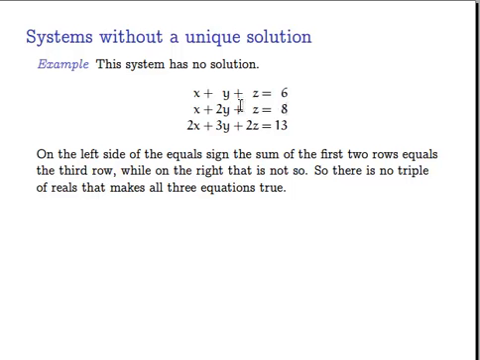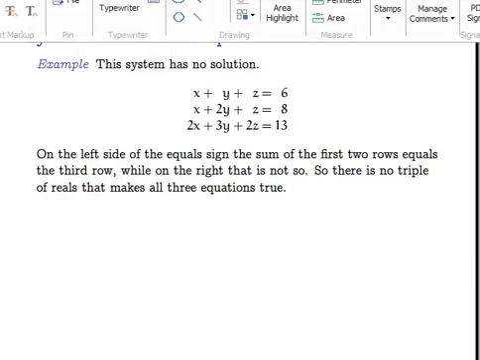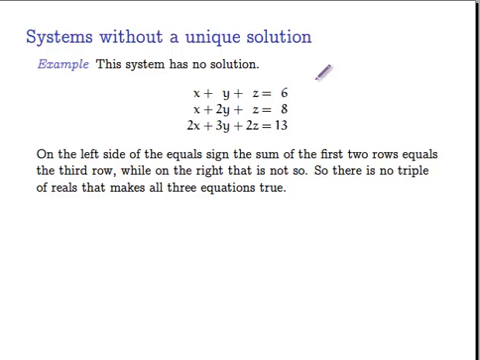But it can't possibly satisfy the sum of those 2 equations, which is, let me just make that explicit, the sum of these 2 equations gives me x plus 3y plus 2z equals 14.